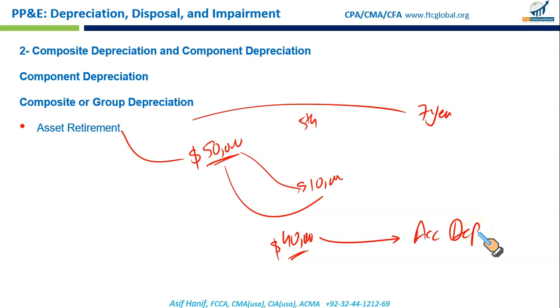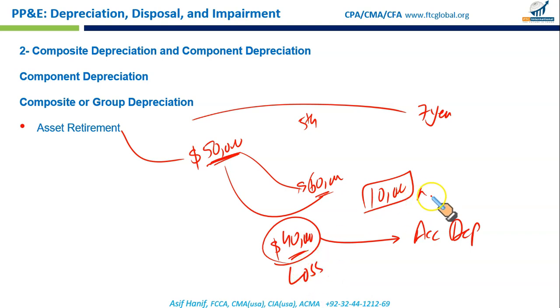In composite or group depreciation, if any asset is sold, the difference between the cost and the disposal value is credited or debited to the accumulated depreciation account, right? So maybe it is possible that the asset that originally had a cost of 50,000 was sold for 60,000. In that case, this is a 10,000 gain. Here is a 40,000 loss. So any gain or loss is debited or credited to accumulated depreciation and not to the income statement.